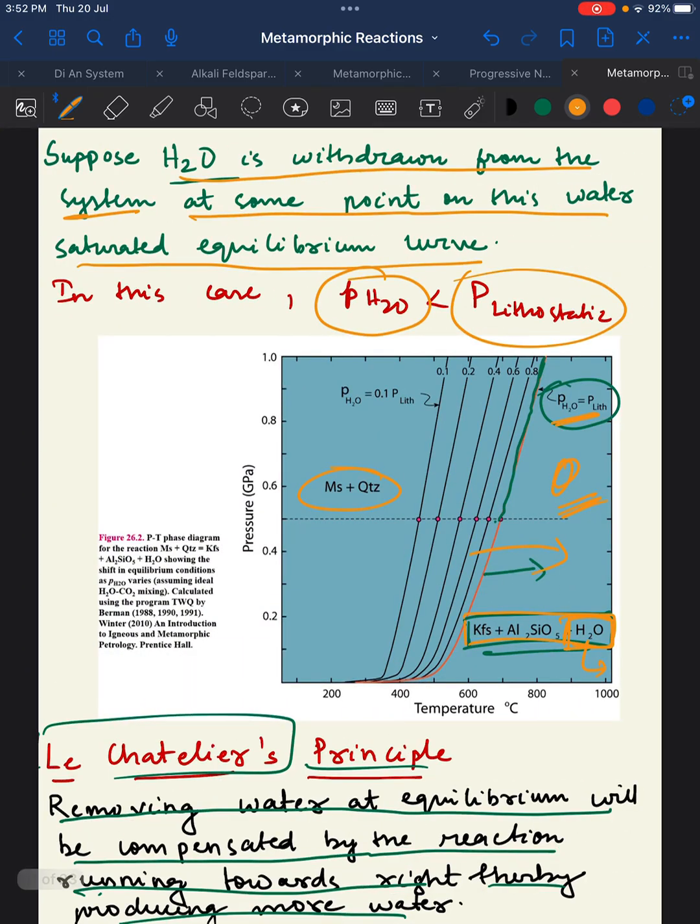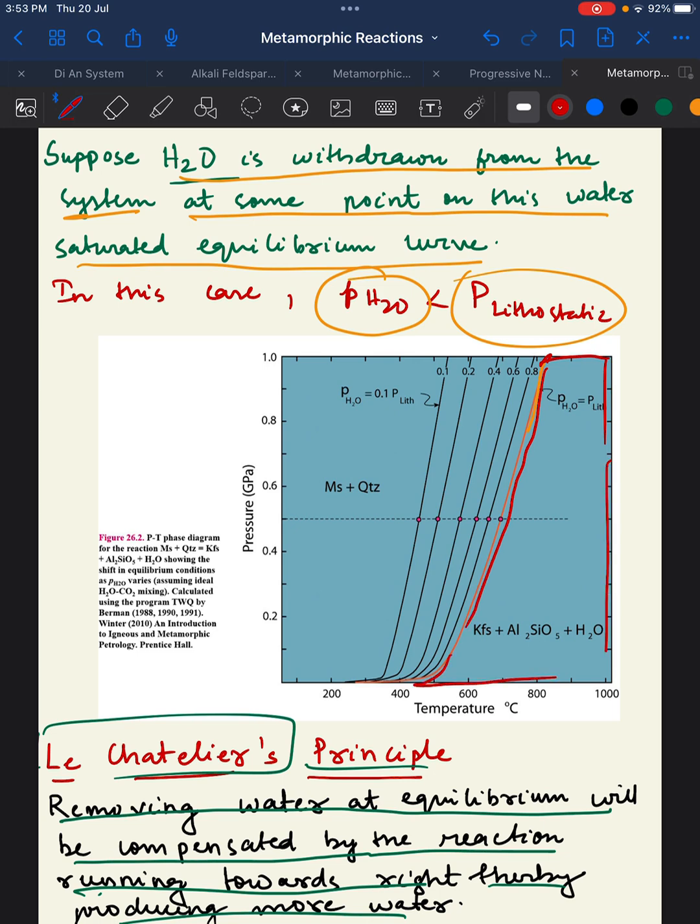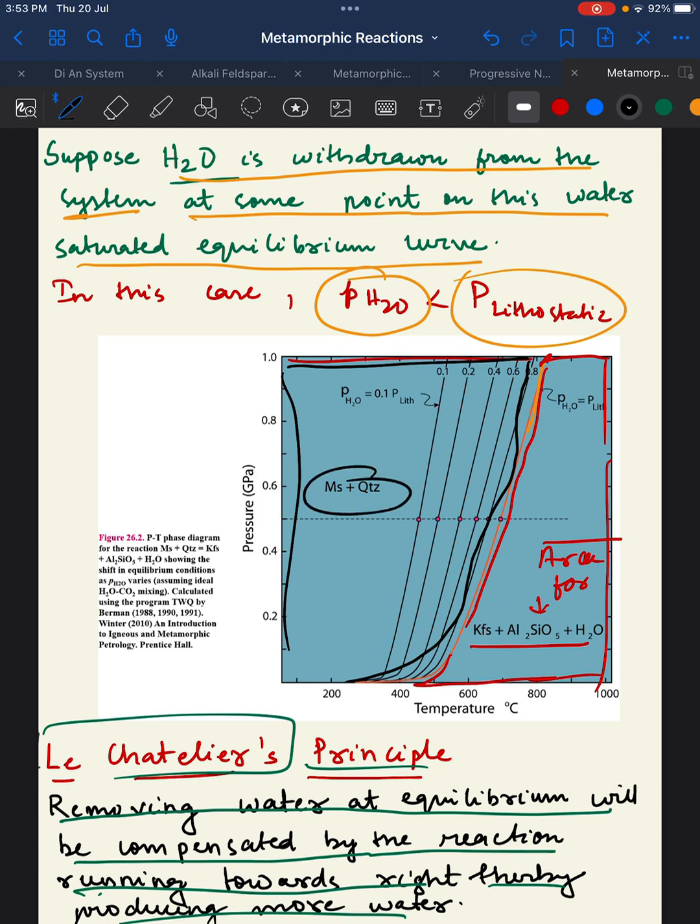Initially, at equilibrium, this area is for K feldspar, sillimanite and water, and, highlighting it with a different color, this area is for muscovite plus quartz.